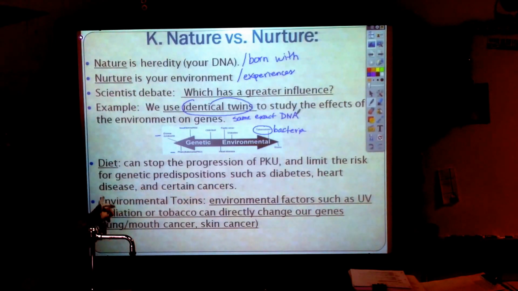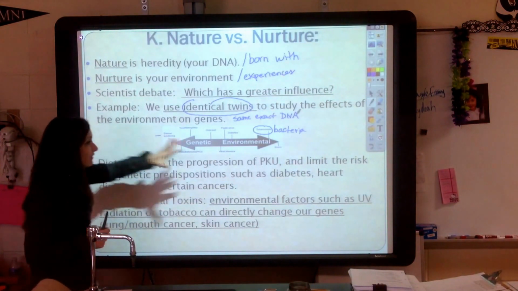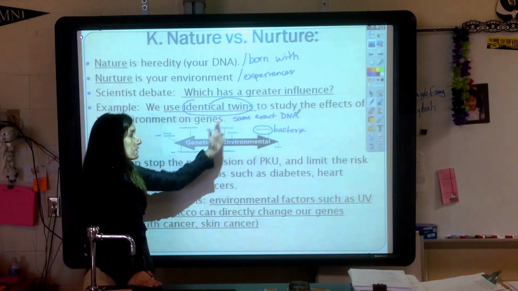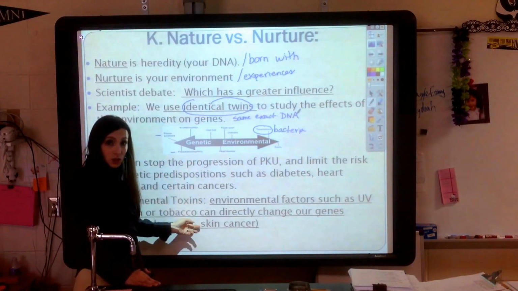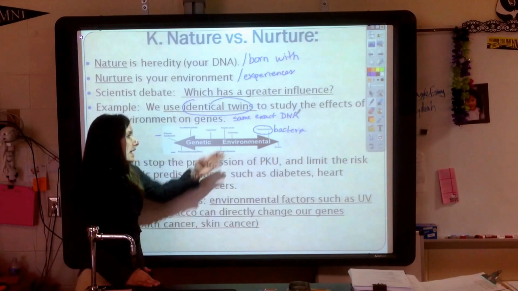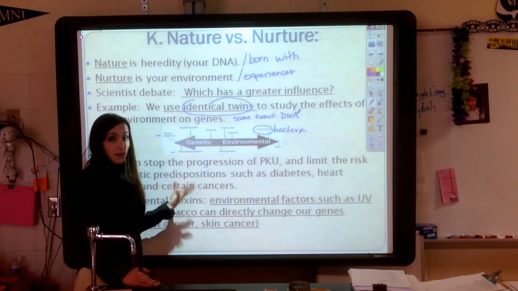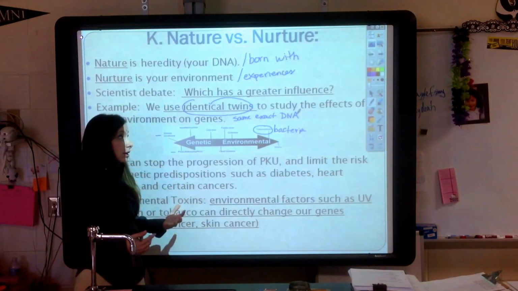Environmental toxins such as UV radiation or tobacco can even directly change our genes. And so what we see is that we have our genes, and we have things in the environment that influence our genes directly, things like UV radiation, which can cause mutations, and environmental impacts like your diet that can have an effect on how those genes are expressed or turned on.